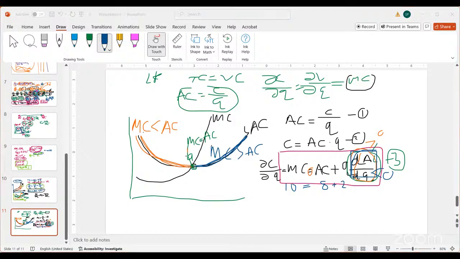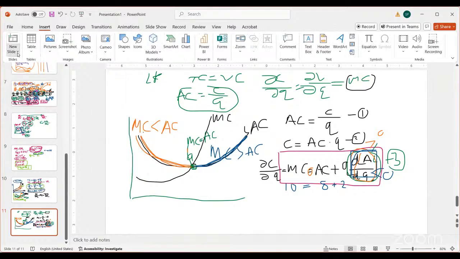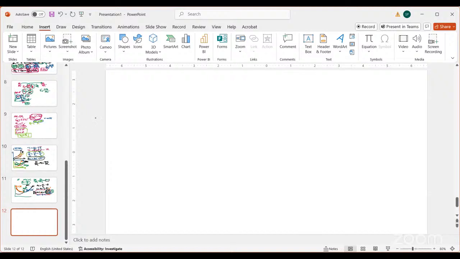Now, another important thing. You saw that on the production side, the average product curve goes like that.